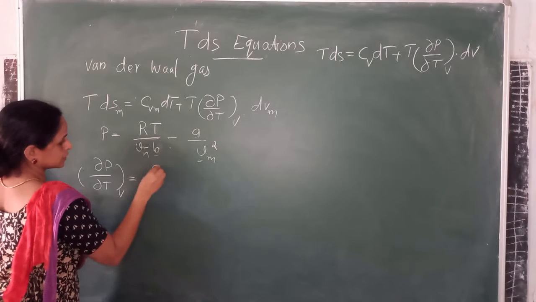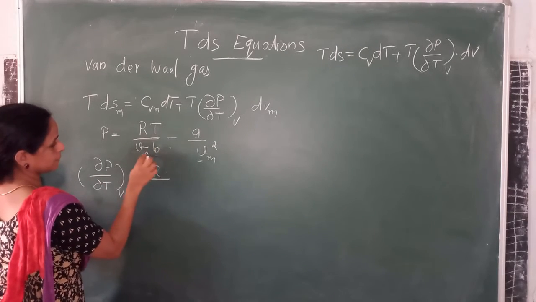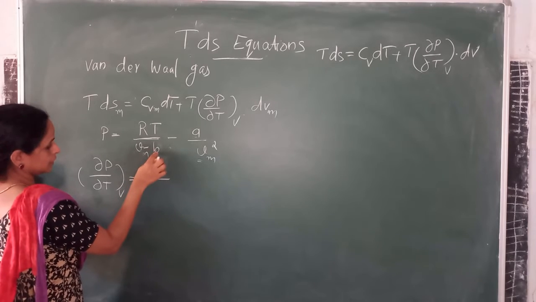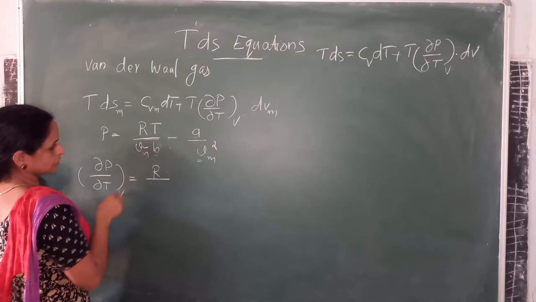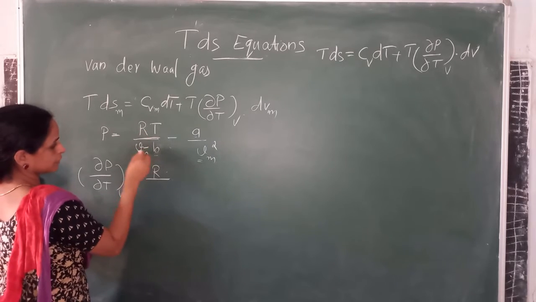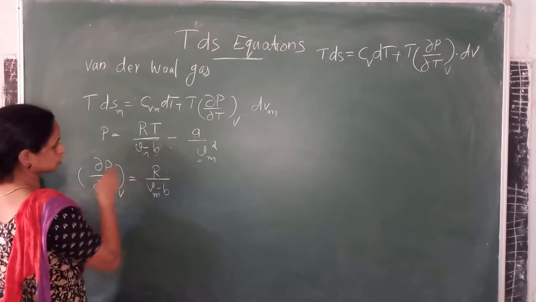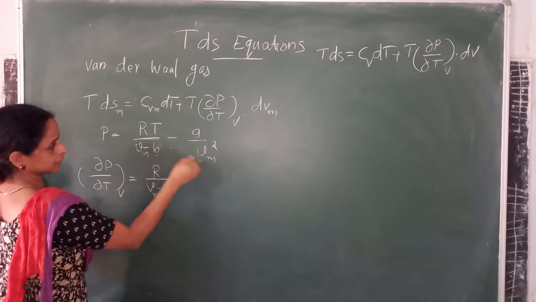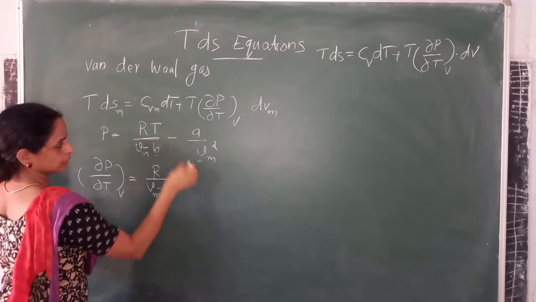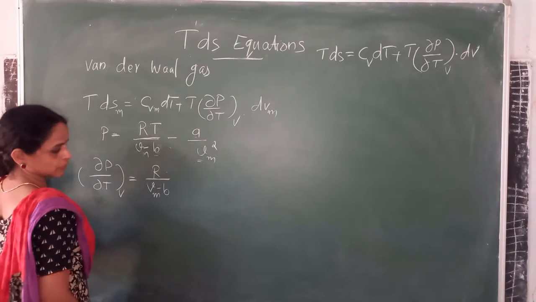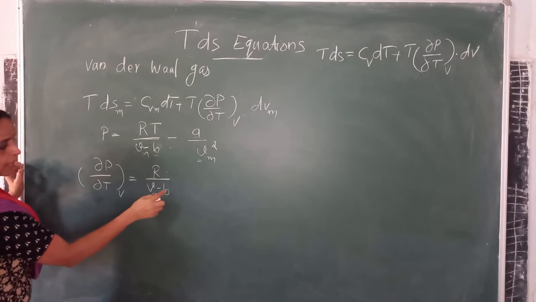Here R by (V minus b) is a constant multiplied by ∂T/∂T, that is 1. So ∂P/∂T at V equals R by (V minus b).